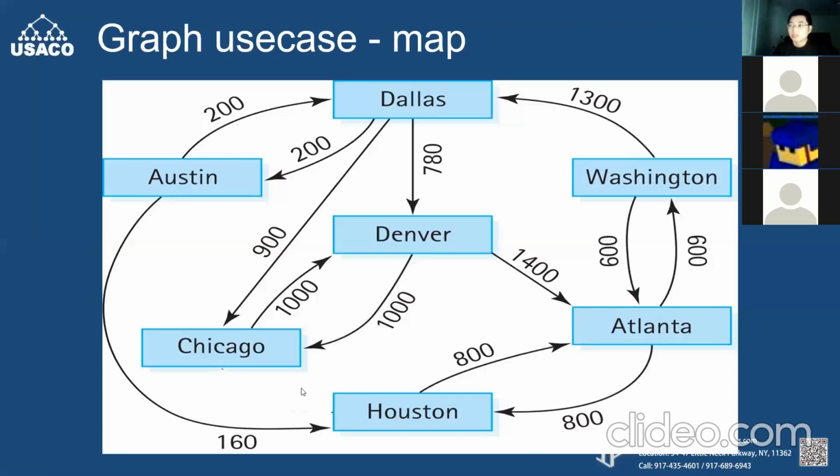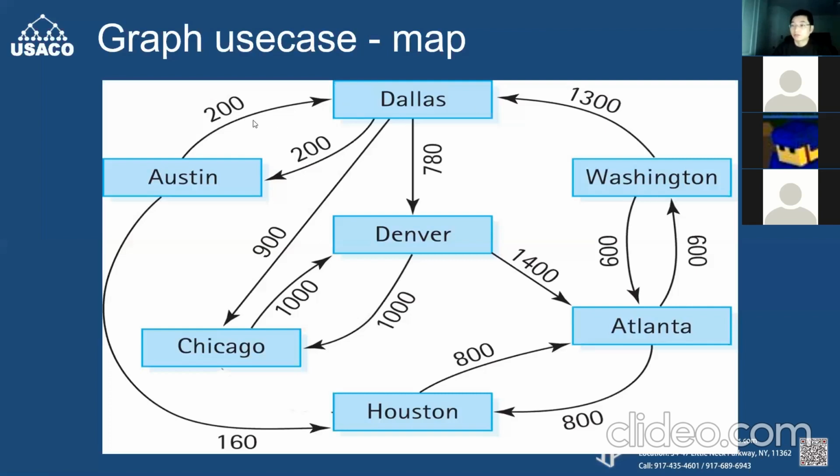So this weighted graph data structure can be used to describe a map and the distance between each item in the map. This 200, what does it mean? It can stand for 200 miles, or like 200 minutes. I don't know what the unit is here, but it means something.